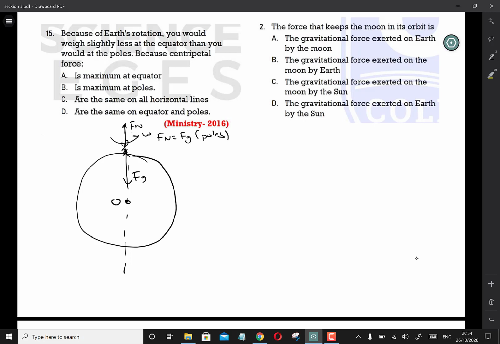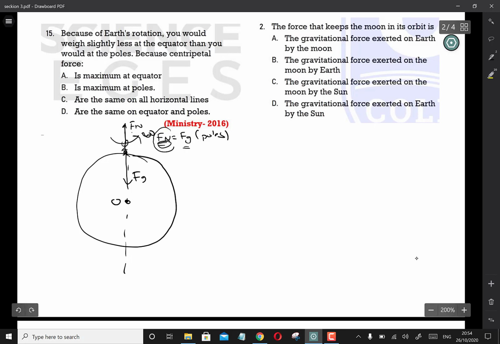But we should know one thing: when you step on a scale, the scale does not directly measure your weight. It initially measures, in fact, Fn. However, at the poles, Fn is equal to Fg, so you measure your weight indirectly with the scale.